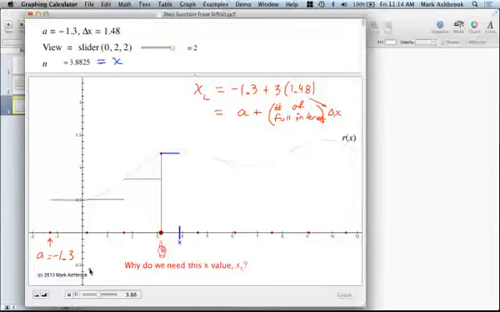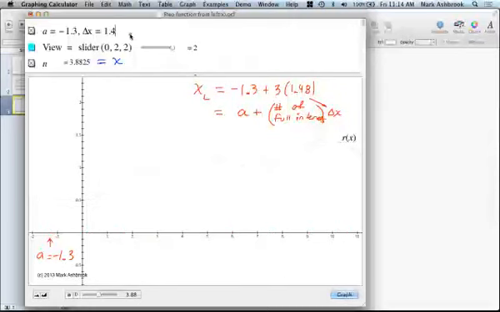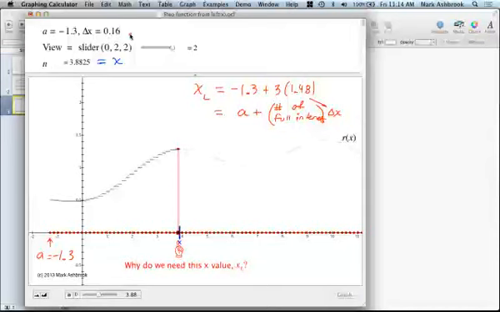So how are we going to get that number of full intervals if we don't want to count? Let's change it now.